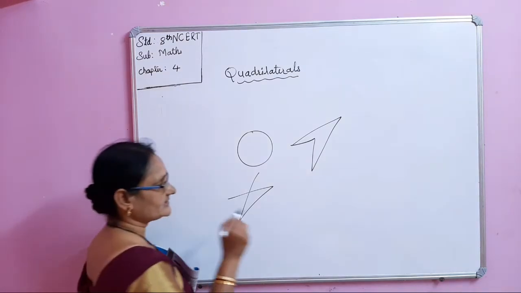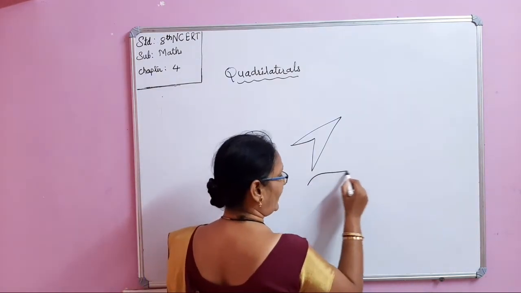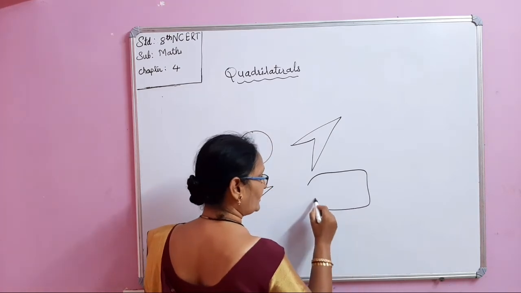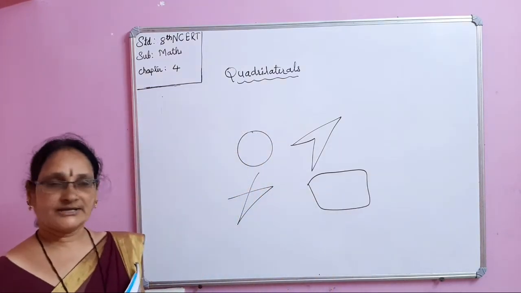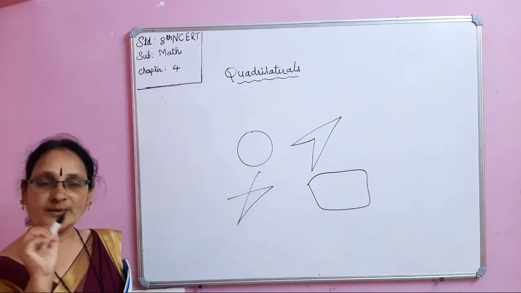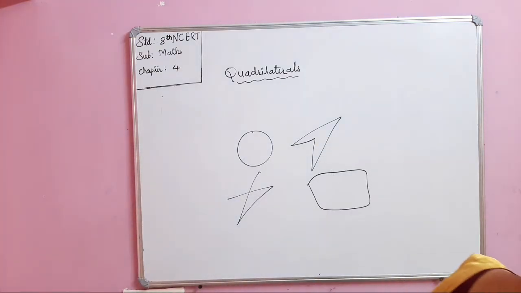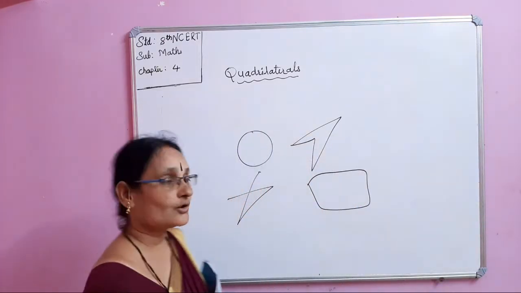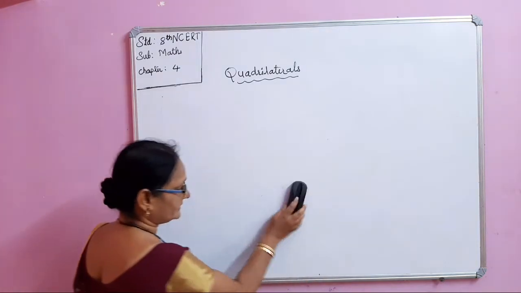Once we start the pencil to draw, it has to end at the starting point only. That is a closed curve. If there is no end, see, there is no end here, they are open curves. So please try to understand what are the open curves and the closed curves. Now you understood, I think.